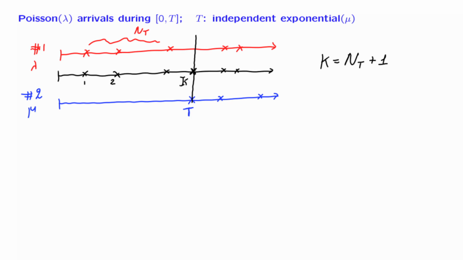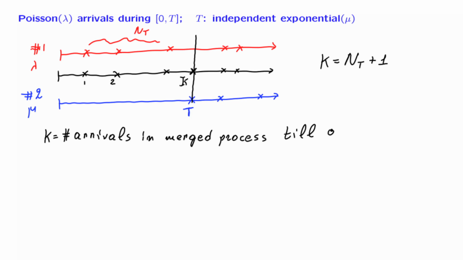So K is a random variable and we want to find what it is. What are we asking? K is the number of arrivals in the merged process until you get an arrival in the merged process which is coming from the blue process.